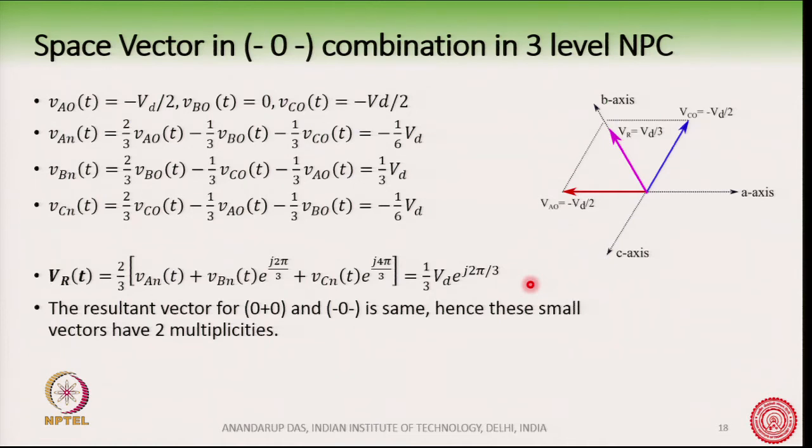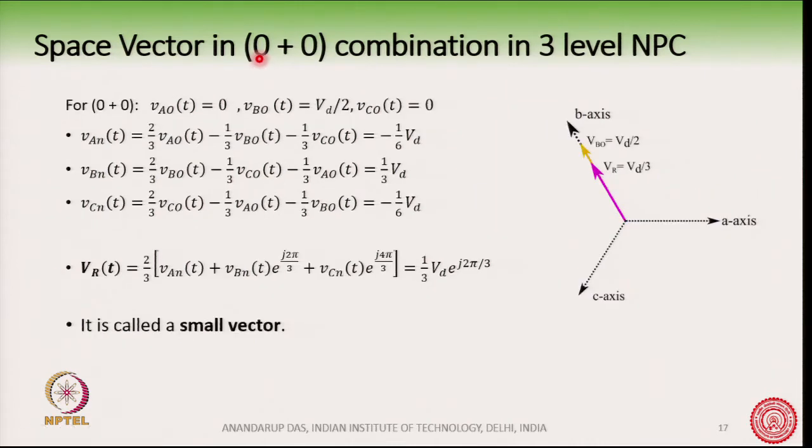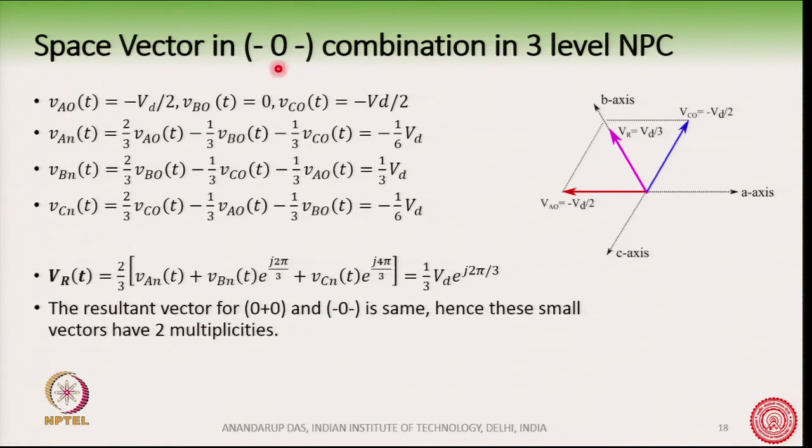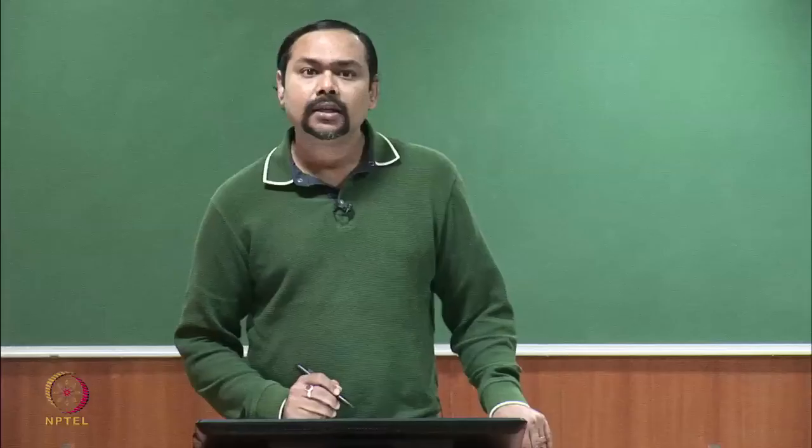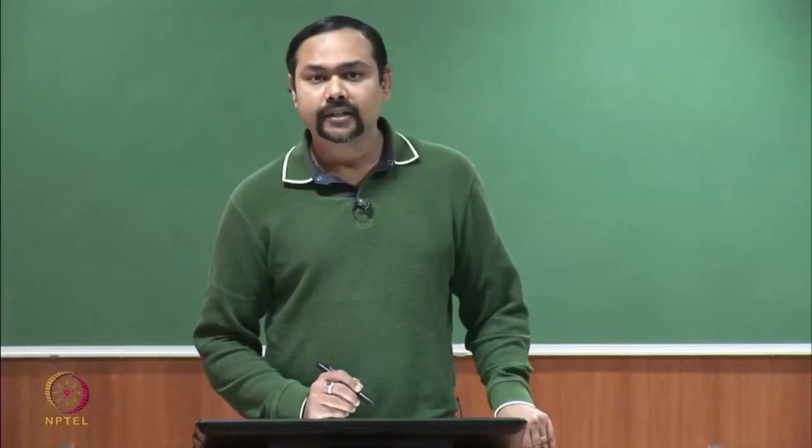So, you see that these two combinations, the 0 plus 0 as well as the other switching combination minus 0 minus, are producing the same vector.